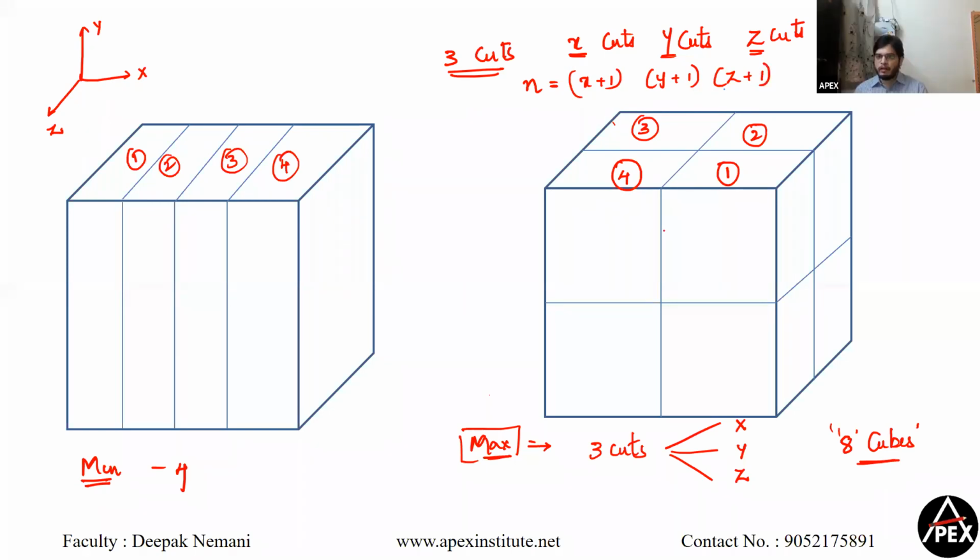This is the formula, guys. Here the value of X is 1, so 2, into Y is 1. We have made 1 cut in the Y direction, so 1 plus 1 is 2, and Z plus 1 is 2. So we have a total of 8. This is not always required to be a cube, because the values of X, Y, and Z can be different. Clear? Any doubts? Quick responses.